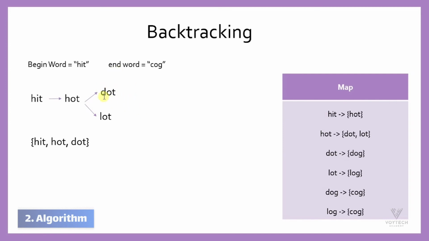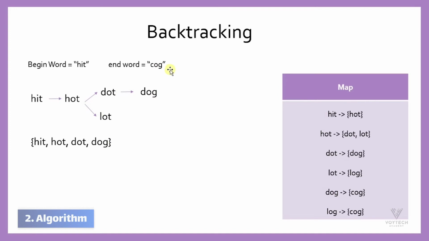But for now, I want to go with dot. So after dot, we actually add it to the current path. And then what is the next possible transformation? Obviously, it's dog. So we're going to add dog to the list as well.